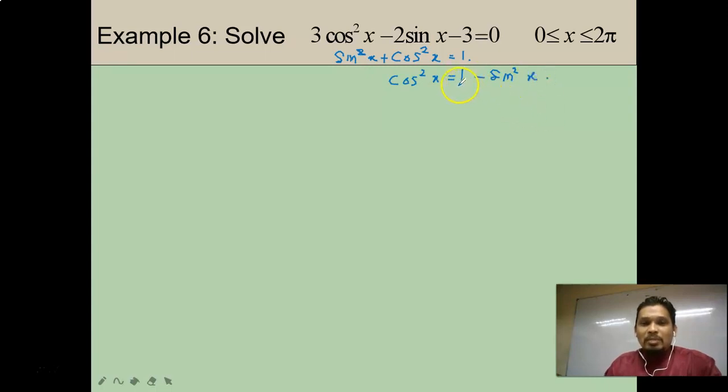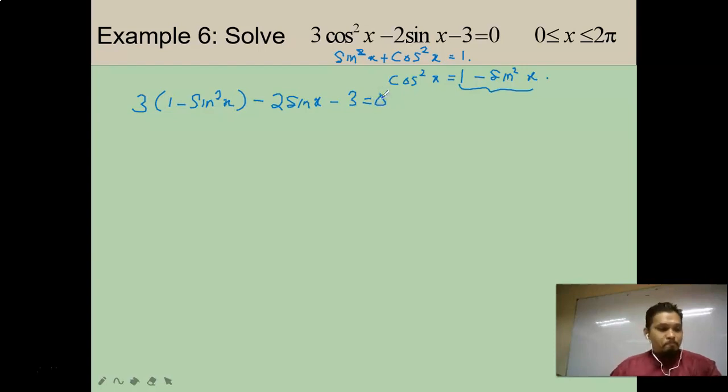Let's substitute this to replace cos square x here: 1 minus sine square x minus 2 sine x minus 3 equals 0.